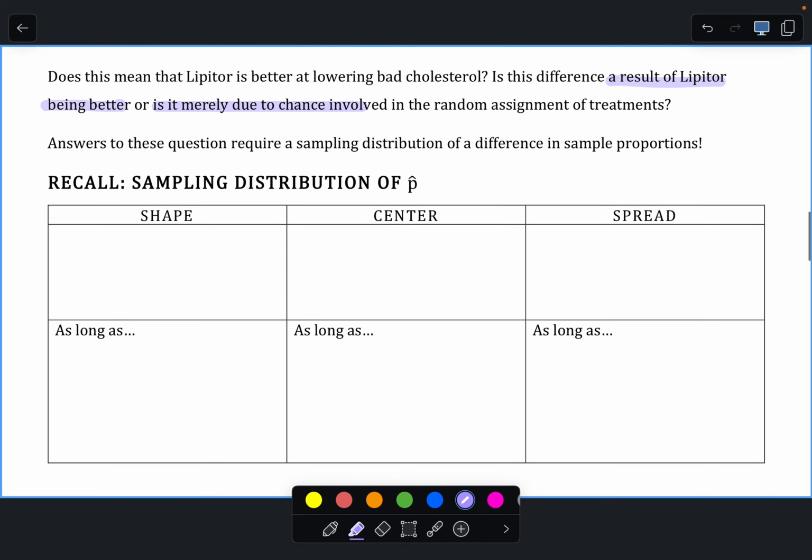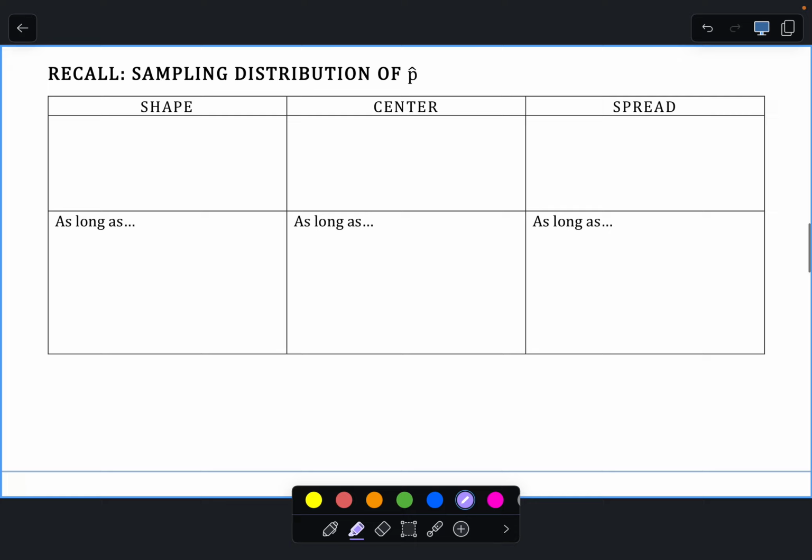To go in, we have to build a sampling distribution, because we need some type of normal model to figure out what the probability is. I'm going to go through the three things in the top row first, and then I'll explain the conditions. We want the shape to be approximately normal, because in order to use normal CDF, we have to have a normal distribution.